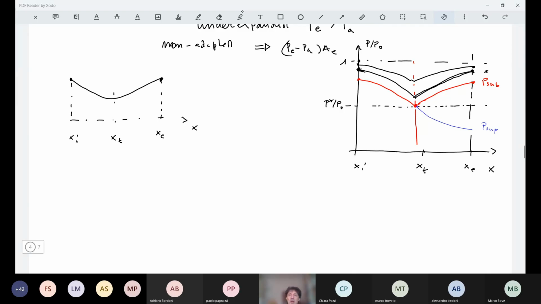So if we imagine that we are varying the ambient pressure, what we know is that for this regime here, for each value of ambient pressure, there is a corresponding pressure evolution along the converging diverging nozzle. This is also true if we consider pressure lower than the minimum pressure here, this P sup.